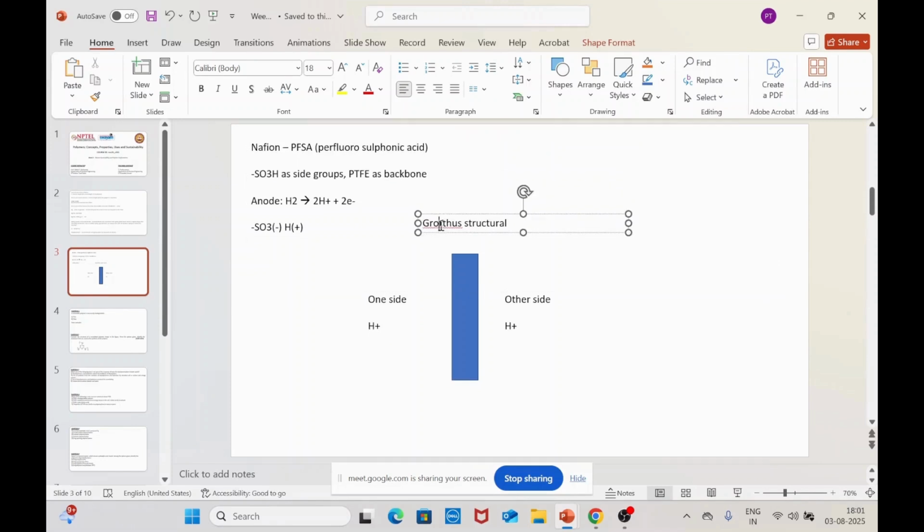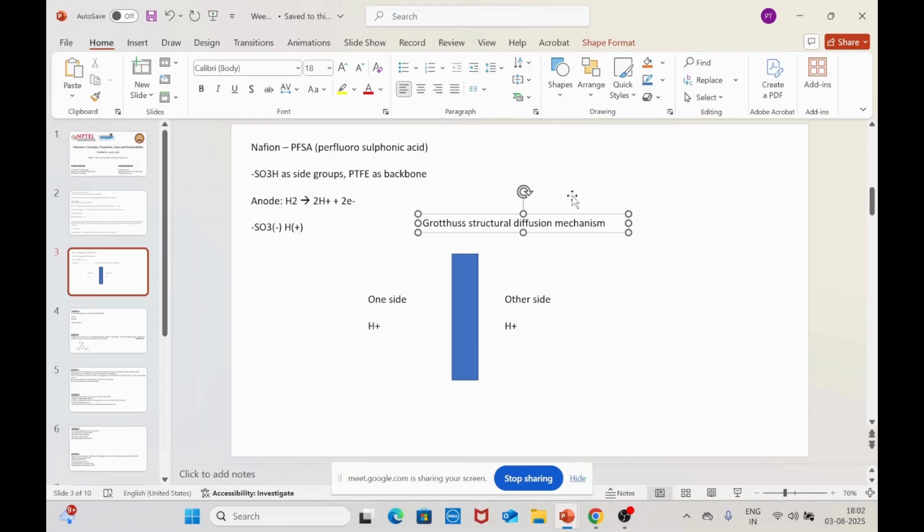I hope I'm writing this correctly. Diffusion mechanism. Here the H plus ions are not directly transported through the membrane. A knocking out process happens, and that H plus ion that gets knocked out keeps on repeating the process, and at the end it knocks out another H plus ion which comes out on the other side.